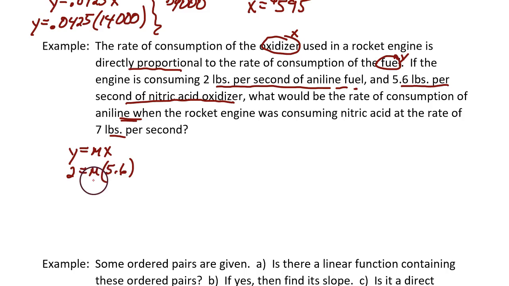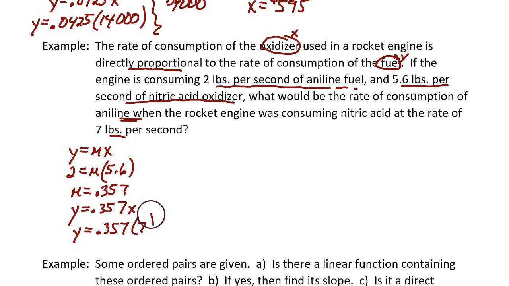We can solve for m by dividing by 5.6. M turns out to equal 0.357. So our equation is y equals 0.357 times x. Next, we can calculate the amount of fuel when 7 pounds of oxidizer are used. The answer is 2.5 pounds per second.